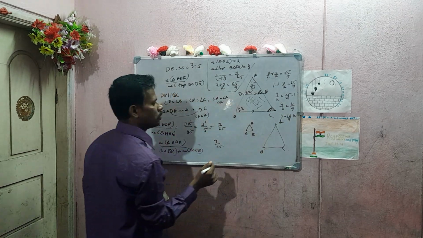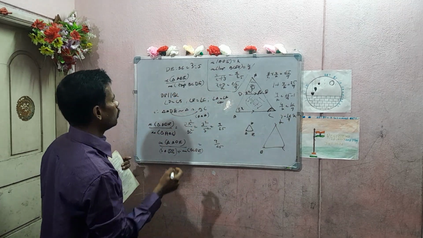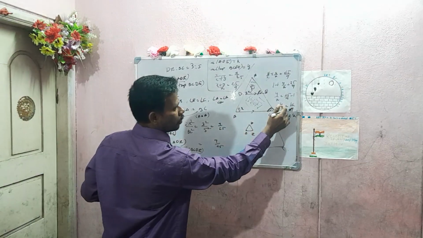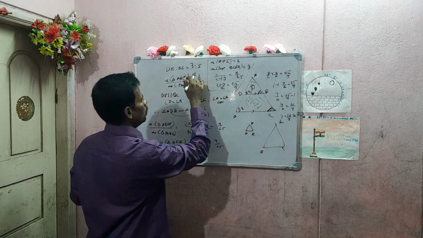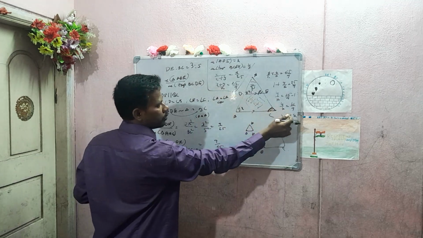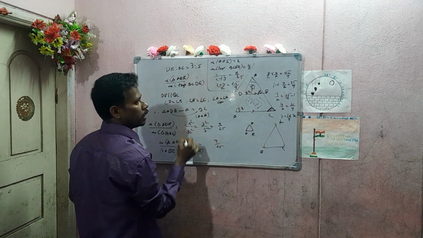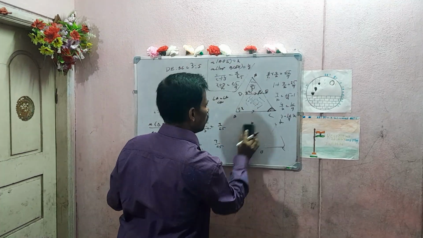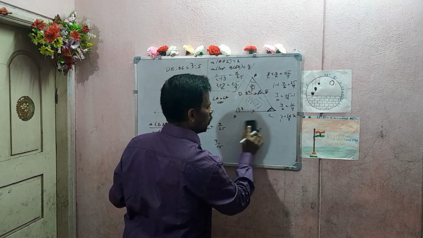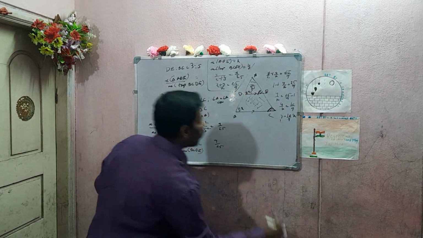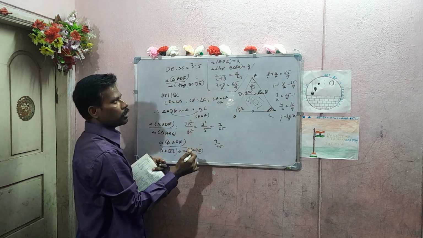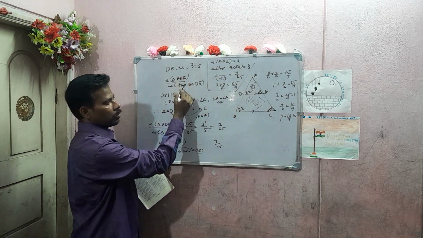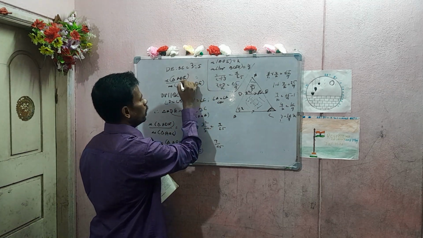Therefore, what you can write? The trapezium value is equal to 16 by 9 into the area of triangle ADE. Here y indicates the area of trapezium BCDE, and x indicates the area of triangle ADE.